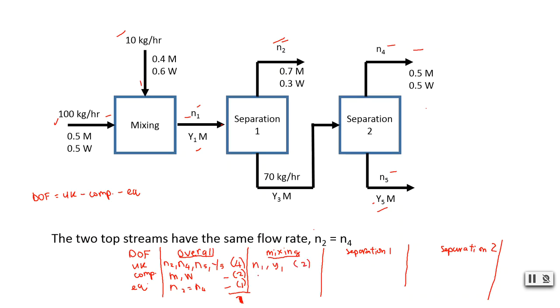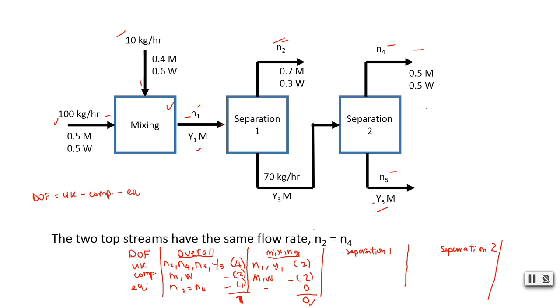How many components? We have methanol and water, so we have 2 components. Is there any equation? No, we don't have any equation. So after deducting 2 minus 2, we have 0. So for mixing, the DOF is 0. That means we can solve the mass balance in the mixing process.